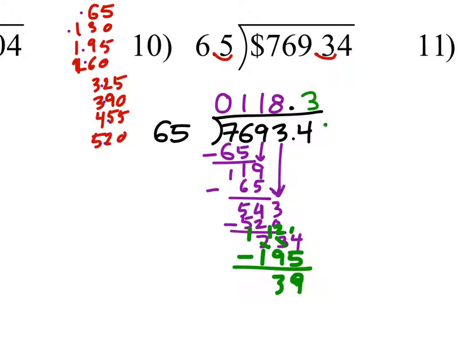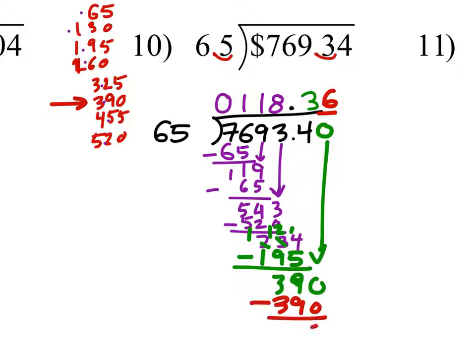Oh, this is good. Now I need to add a 0 there and drop it to make that 390, which is a multiple right there. What is that? 1, 2, 3, 4, 5, 6. So I'll put a 6 there. 6 times 65 is 390, and this cancels out, leaving us with 0 remaining. So our final answer there would be 118.36.